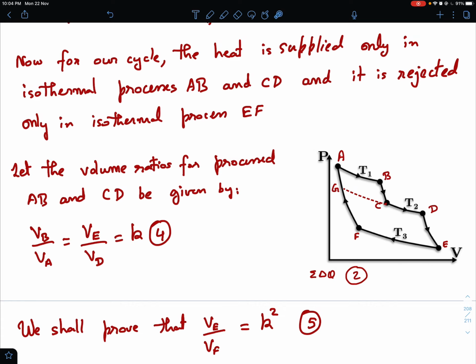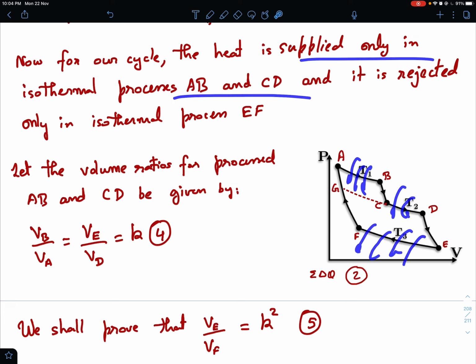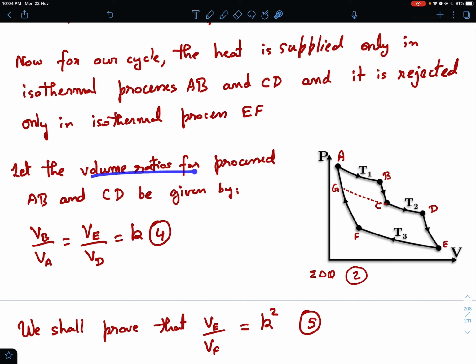So when isothermal expansion is happening, heat is being supplied to the system, and when isothermal compression is happening, heat is being rejected by the system, okay? So I've corrected that one. Heat is supplied in the processes A, B and C, D, and rejected in the process EF, okay?